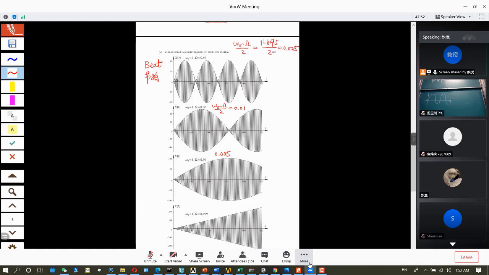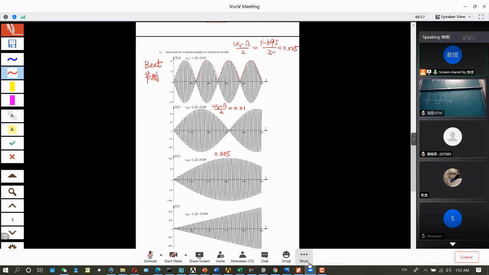If you have a sound, it goes wow, wow, wow, wow. And in physics, this is called a beat. Okay, so now when the two frequencies are much closer, you have this.